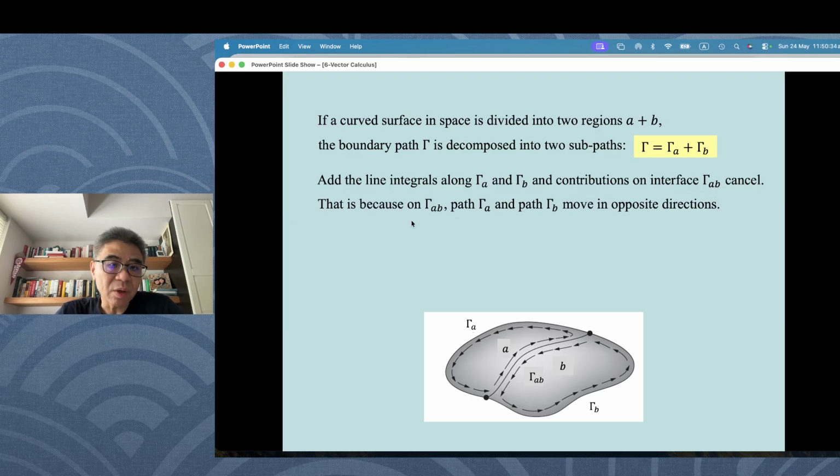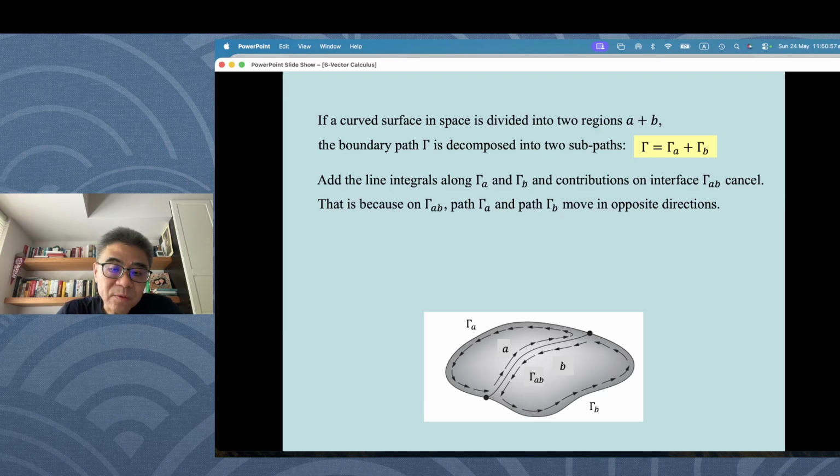The reason is simple. Because on gamma AB, paths gamma A and gamma B actually move in opposite directions. I can show you from the following diagram. For gamma A, it follows this arrow, and when it reaches gamma AB, the interface, it moves in this direction as the mouse shows.